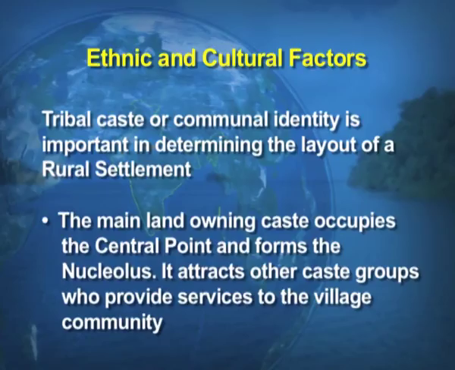I said the person who belongs to the high caste, the landowner in the rural area, is the most important personality of that particular part. So, his settlement will have the central position and will form the nucleus of the village. It attracts the other caste groups who provide the services to the village community.